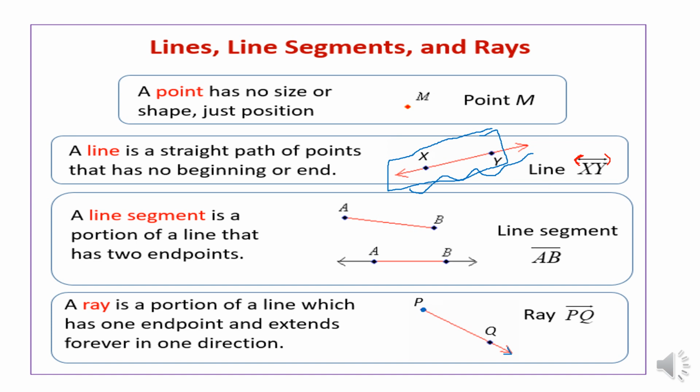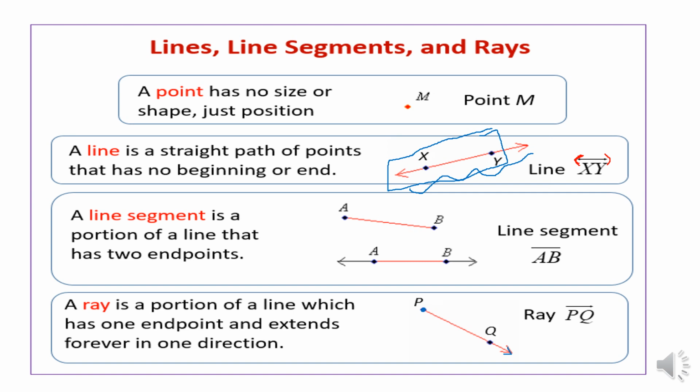So the ray is a portion of a line which has one endpoint and extends forever in one direction. So it moves only in one direction. In the other direction, it will be fixed. How can I call it?